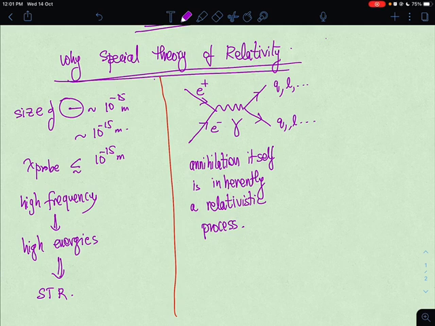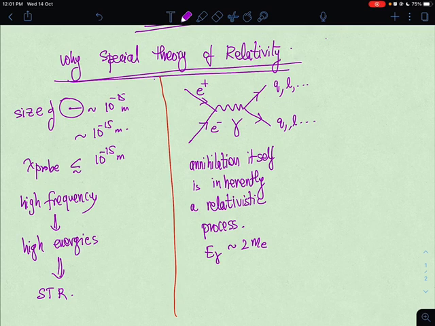For example, if you want to produce just an electron positron pair, the photon should have an energy E gamma of roughly 2 MeV. That is fine because it's of the same energy level as the mass of the electron and positron.